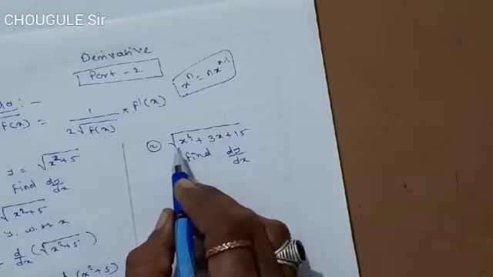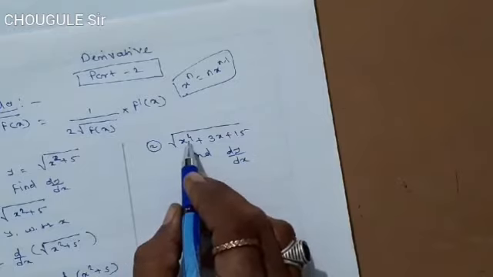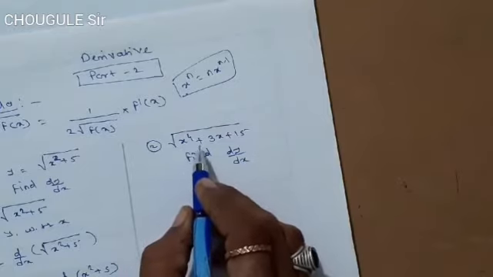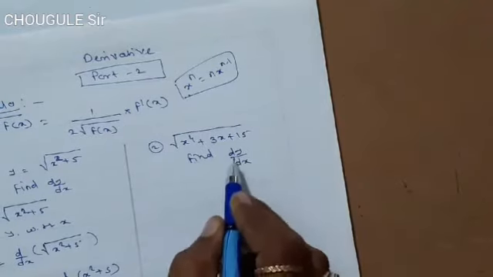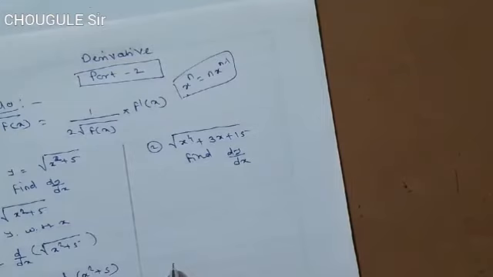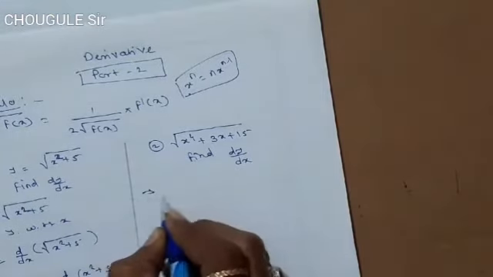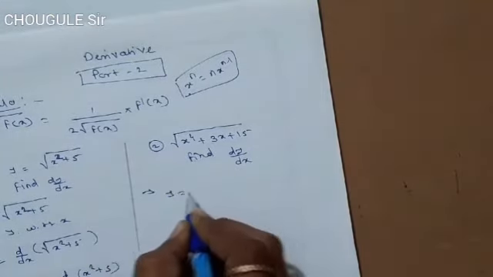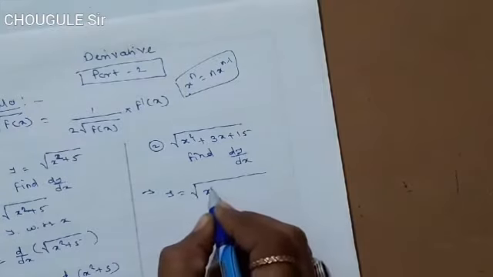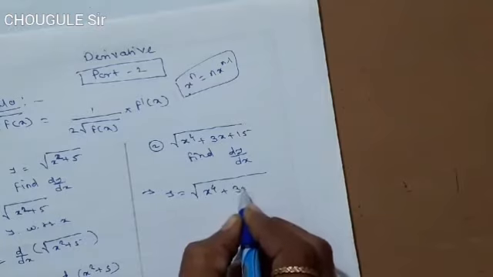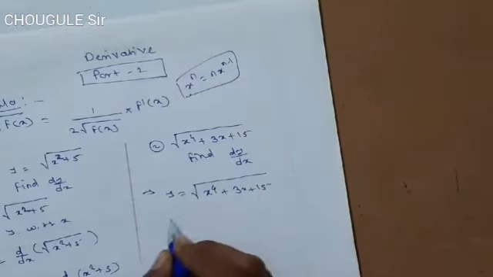y is equal to under root x raised to 4 plus 3x plus 15, find dy by dx. So step by step follow the rule. Consider y is equal to under root x to the 4 plus 3x plus 15.